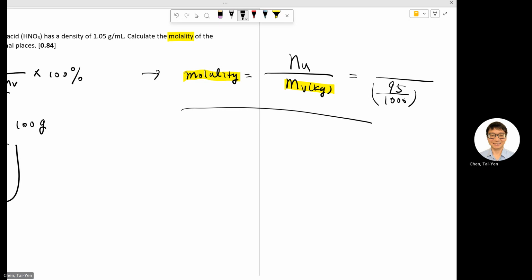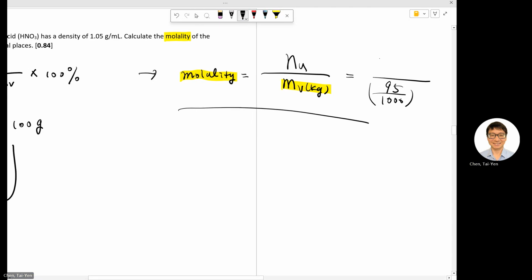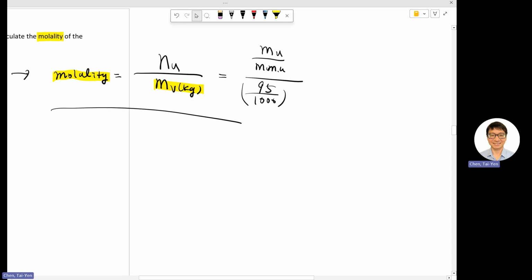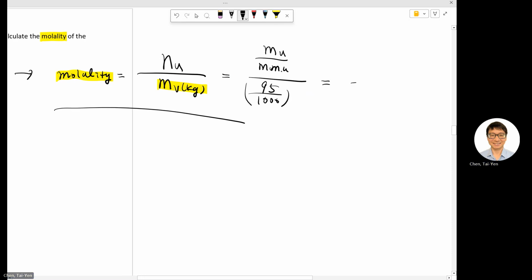How about the moles of your solute? In order to calculate that, you need the mass of your solute divided by the molecular mass of your solute. Do you know your mass of solute? 5 grams. What is the molecular weight? 63.01.